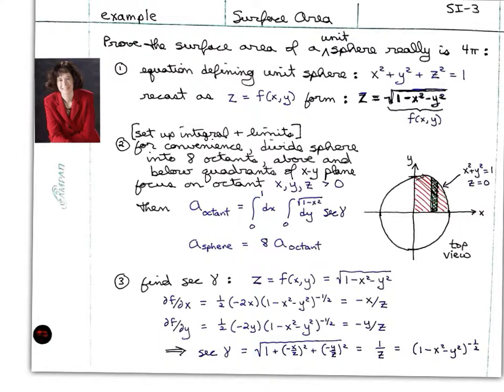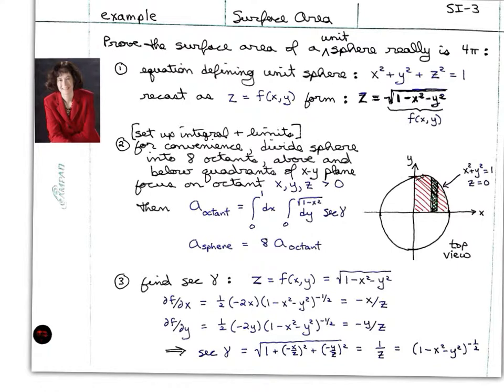Now looking at that, we realize that if we replaced 1 by z squared over z squared, the whole object under the square root would be 1 over z squared, because x squared, y squared, and z squared sum to 1. So secant gamma is simply 1 over z. But 1 over z, we said, is 1 over the square root of 1 minus x squared minus y squared.